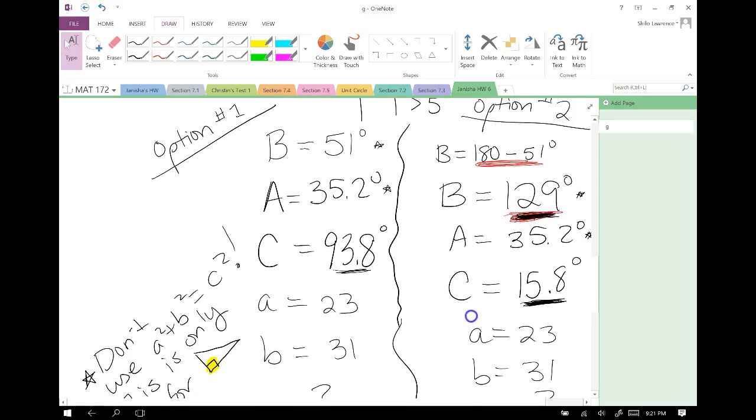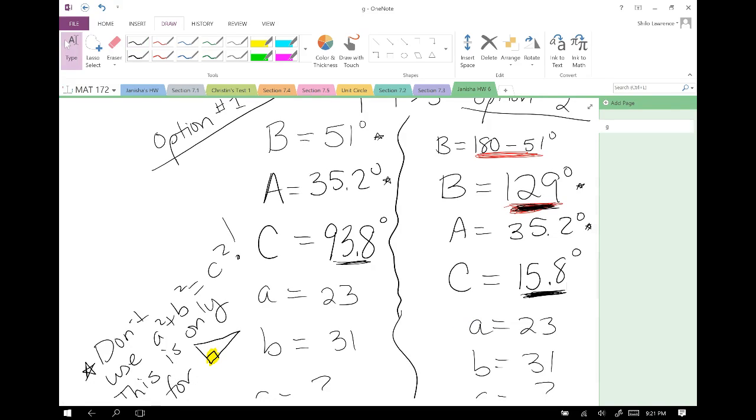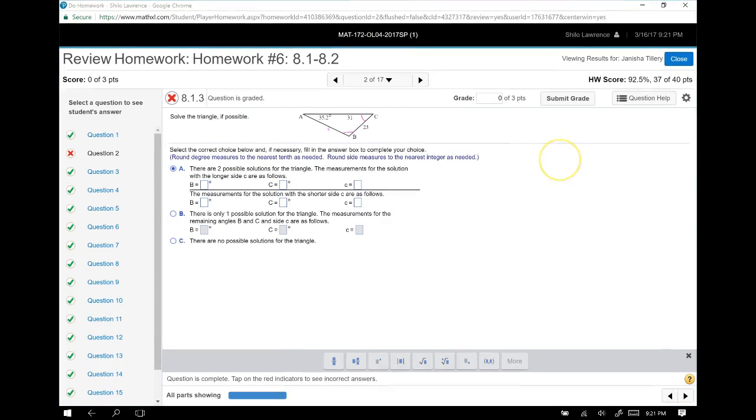So we've got all of our info here. We need to go back to MyLabs Plus and say that there are two possible solutions for this triangle, and make sure we keep all of our numbers together. In this first row, you're going to put one of them. They want the measures that have the longer side C first.